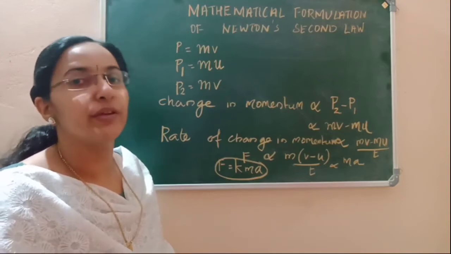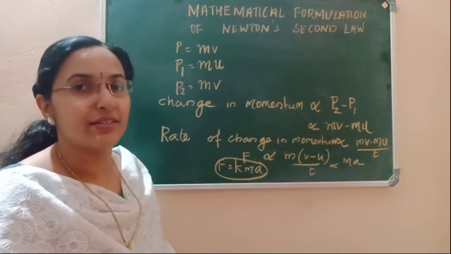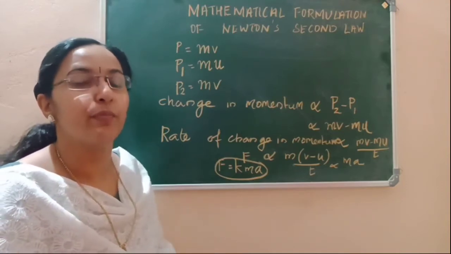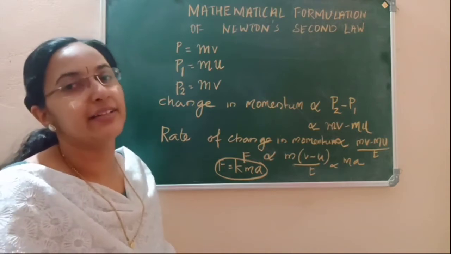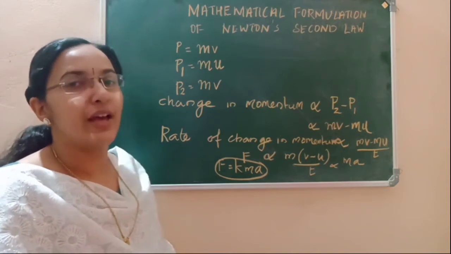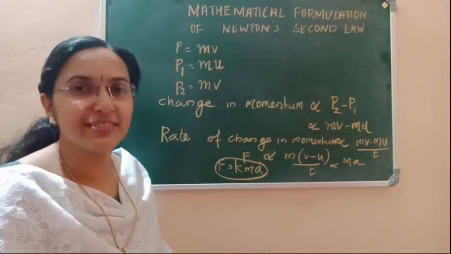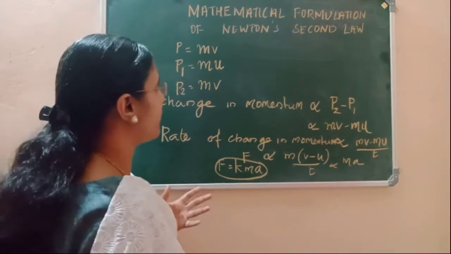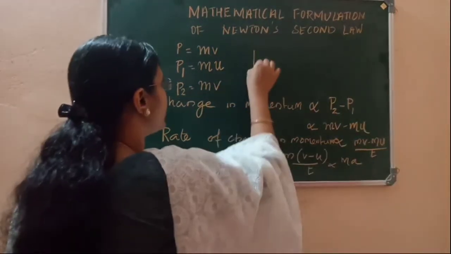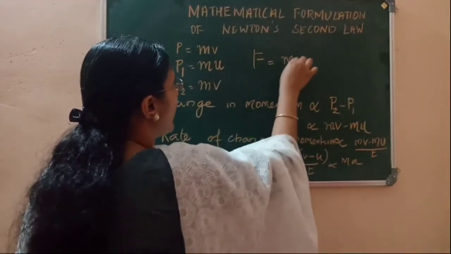There are so many factors, and those factors are included in a particular proportionality constant, known as k. So we are all lucky people, because k is equal to 1. The value of k is 1. Therefore we can write that famous equation, F is equal to ma.